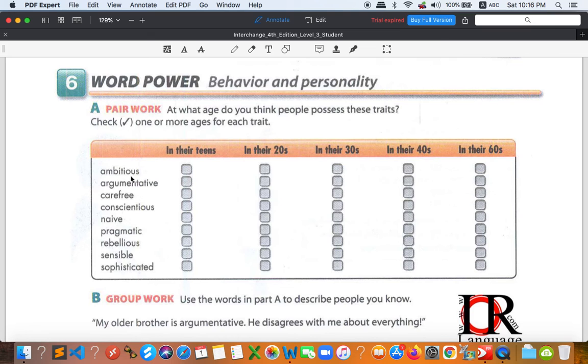You need to think about it. Teens, maybe not 20s, I don't know, 30s and 40s. I do agree with 30s and 40s. When you turn 30 or 40, usually you are mature, and when you are mature, you know exactly what you have to do, and no matter what problems you face, you keep trying.